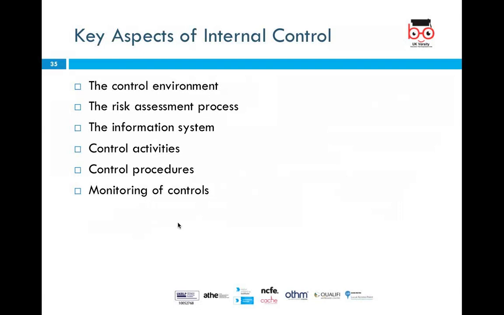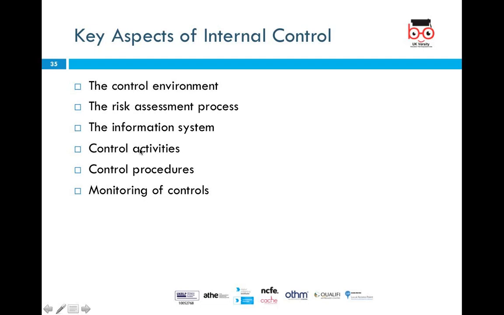So there are key aspects of internal control. The control environment. Definitely the business and all departments are interrelated with the business. The risk assessment process, so what kind of risk assessment is going on. Information system, as we described and defined, the information system with the financial data.